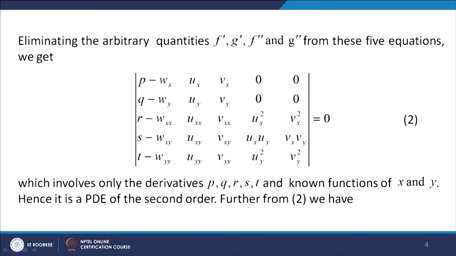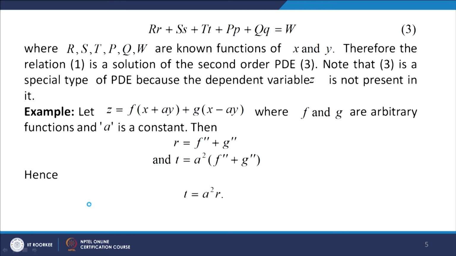Then we will have this equation Rr plus Ss plus Tt plus Pp plus Qq equal to W, where R, S, T, P, Q and W are known functions of x and y.